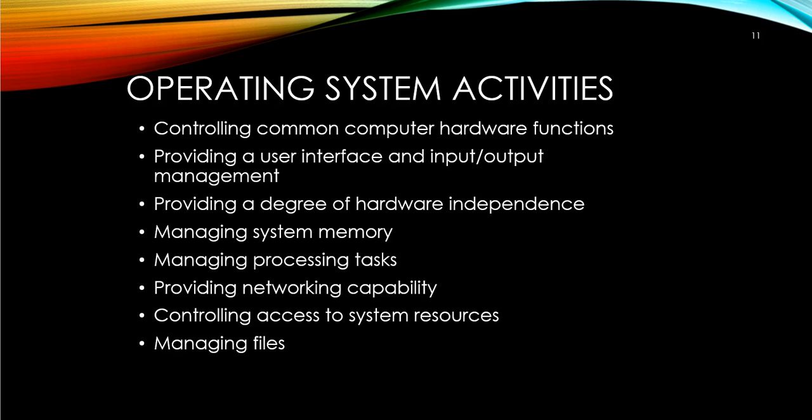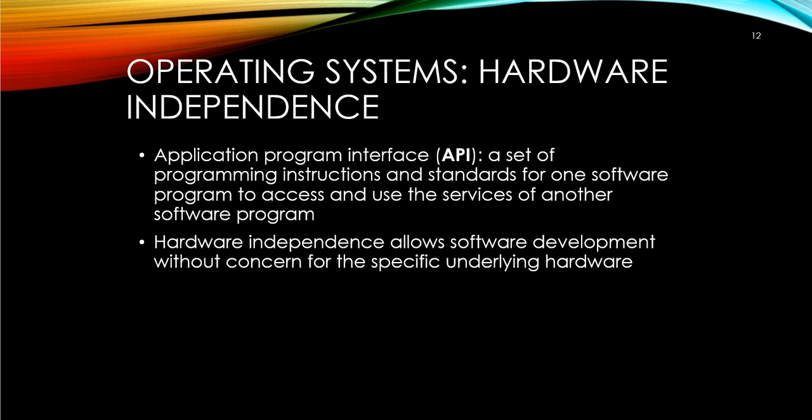Here are some of the activities of the operating system: managing files, managing procedures and tasks, controlling the memory, storing all the things that your system needs to run. Okay. And then we have some common terms I definitely want to make sure that you guys understand, the application program interface, an API.